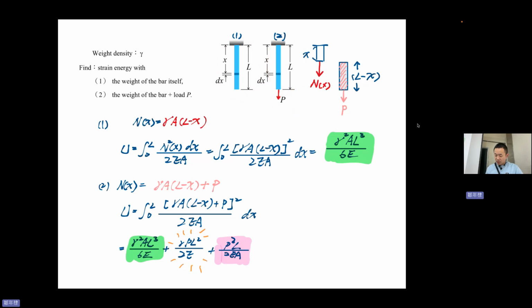So the force, very simple, just like this, right? But the self-weight, the terms here, they are the same. But when you do that together, the strain energy cannot be superpositioned, here and here, with the extra term. Okay, that's it.